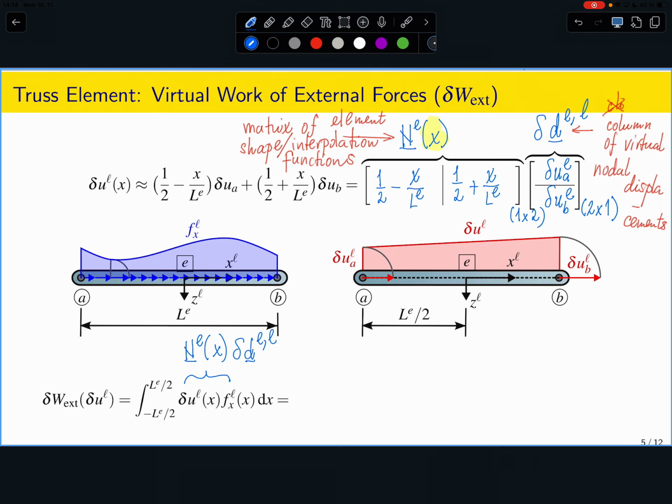If I just copy this, I will have this NE as a function of x, delta dE of the eth element in the local coordinate system, multiplying f in the local coordinate system xl as a function of x.